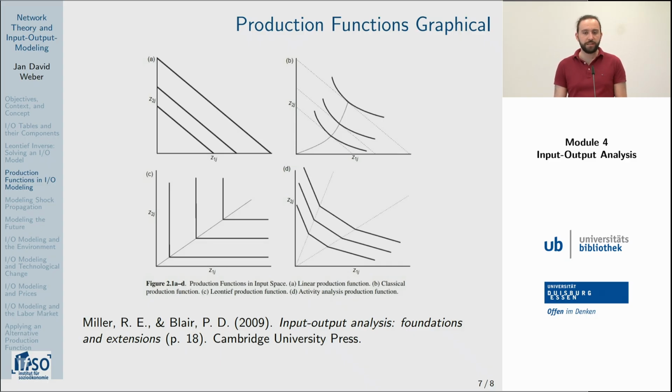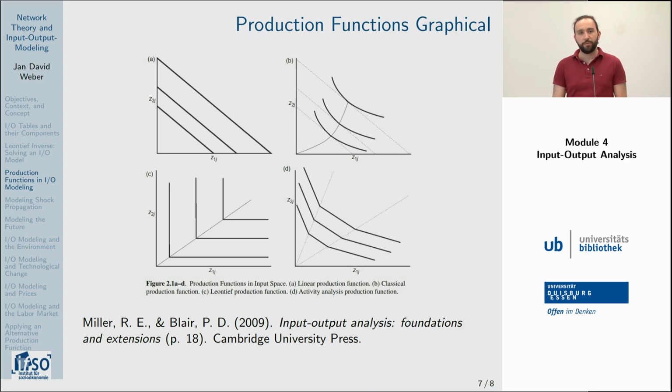And it's also interesting to see that if you want, you can also write the Cobb-Douglas function in a Leontief form, or the other way around actually. The Leontief production function is a corner solution to the Cobb-Douglas function. And therefore, the activity analysis production function is also a variation of the Cobb-Douglas function, just as a step function and more linear.